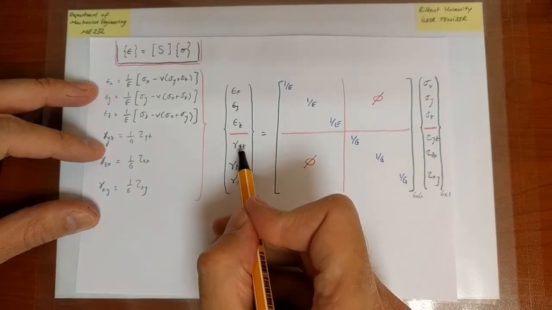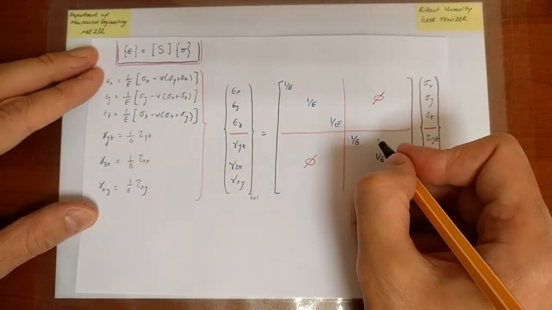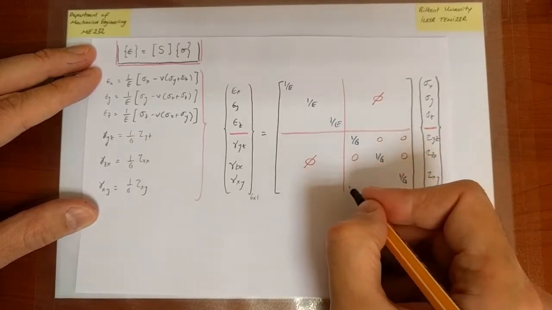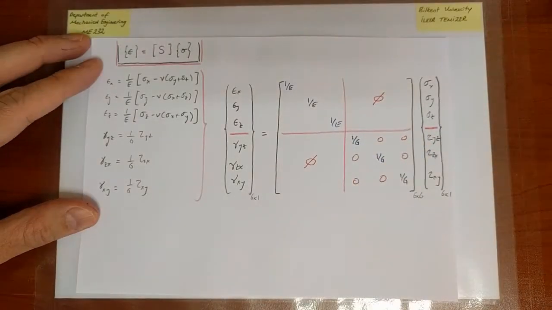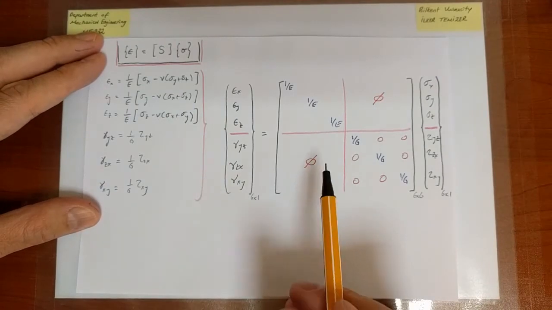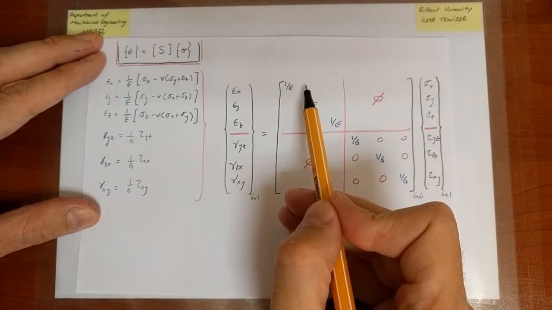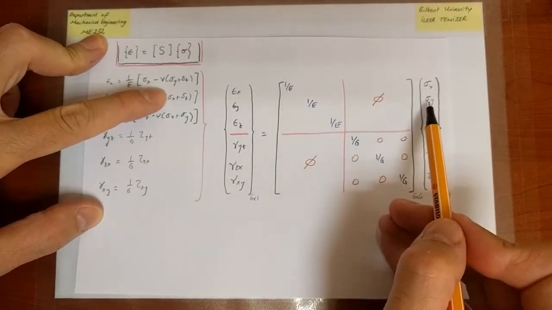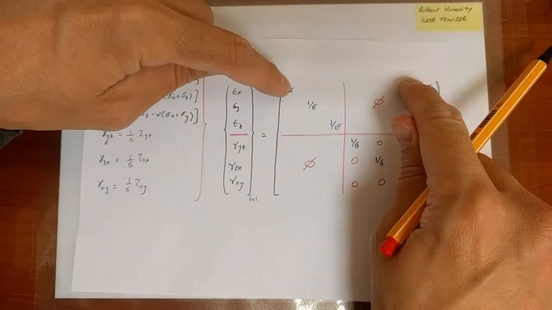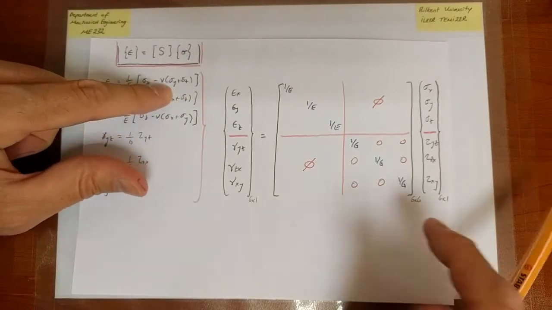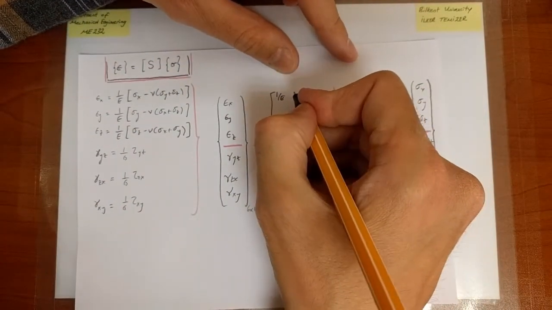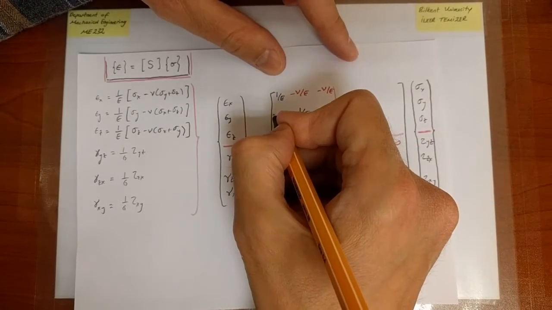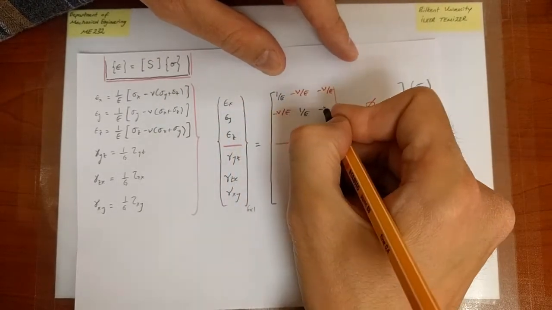And therefore, gamma yz is only related to tau yz, which means here we have 0 as well. Okay? So here we have all zeros. Now, but that's not the case for the off-diagonal components here, because epsilon x is related to sigma y and sigma z. I take this, multiply by that, I'm supposed to get epsilon x. So here I have minus nu over E, minus nu over E, and likewise for the other ones as well.